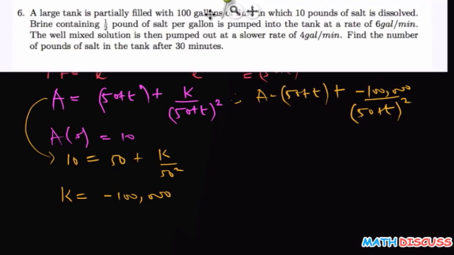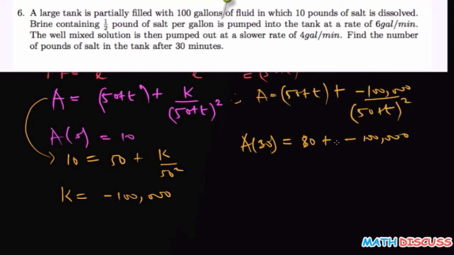We're told to find the number of pounds of salt in the tank after 30 minutes. That's what we want to find. That is A of 30. Our A of t is this. So A of 30, that is A when time equals 30, is going to be 50 plus 30, which is 80, plus 100,000.